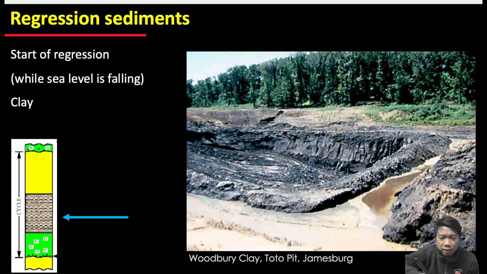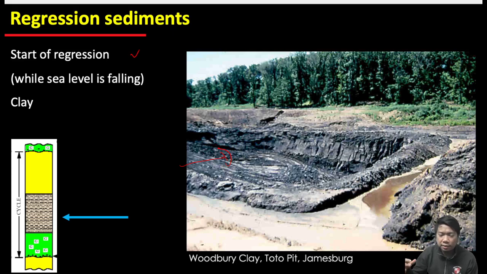And then the green glauconite-rich sediments were overlain by clay-rich sediments. Okay, something like this. Now this indicates the start of regression.